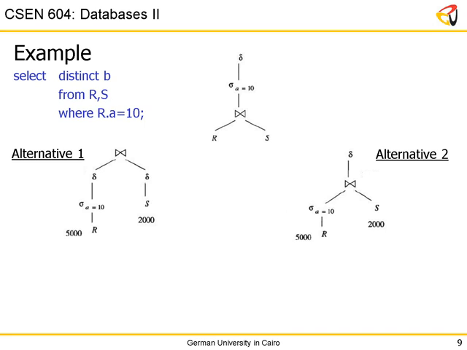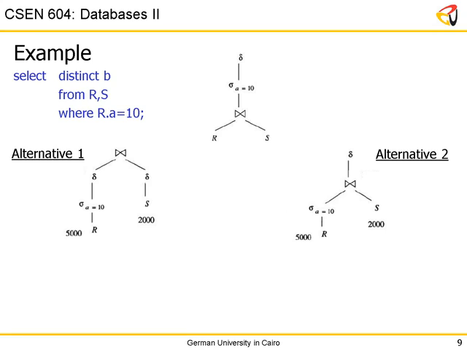So even for this very, very simple SQL statement, I could generate a number of alternative logical plans or relational algebra trees. All of them will produce the same result, but they are different in terms of execution time. So I could start with R and do the selection early on, a equal to 10, since a is in R, and then I do a distinct, and then get the s, do a distinct, and then do the join.